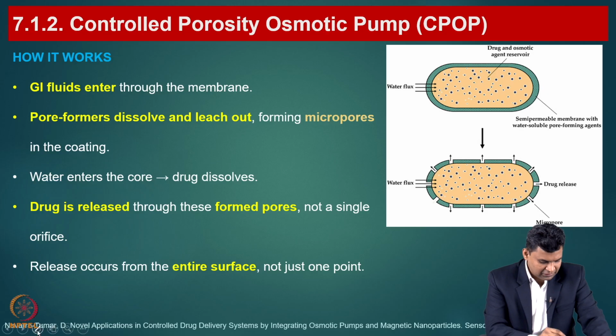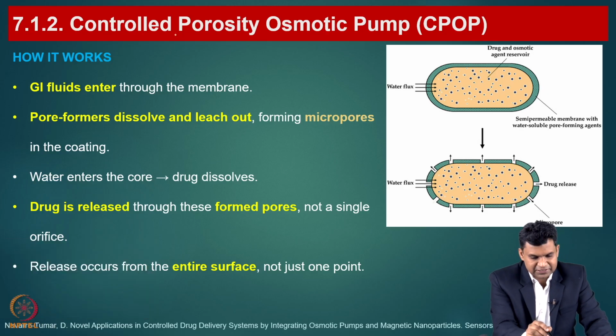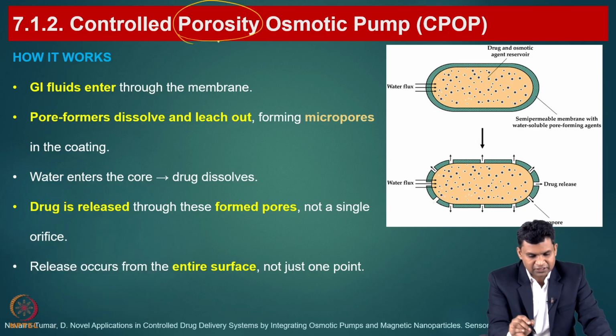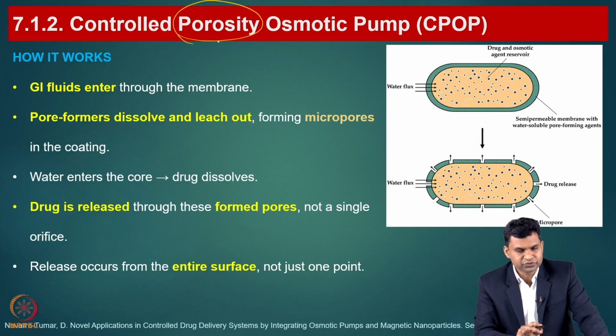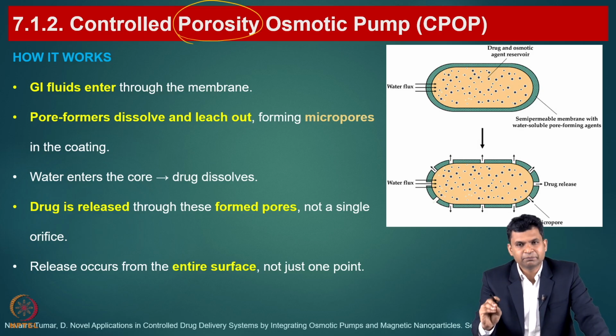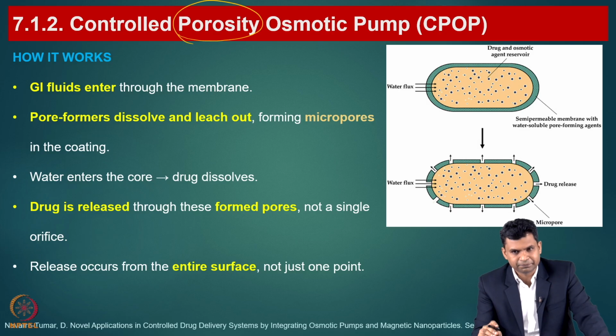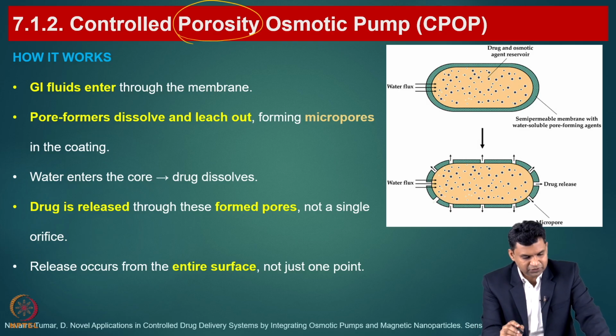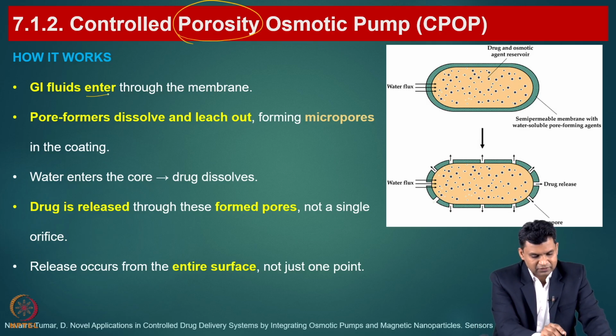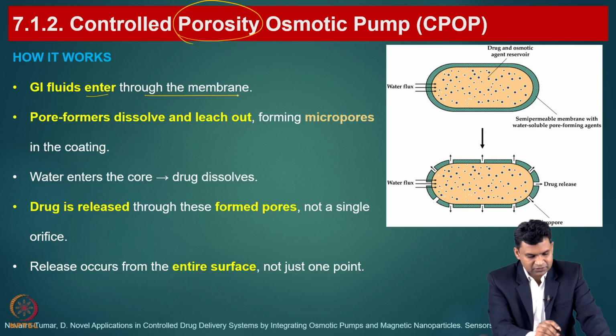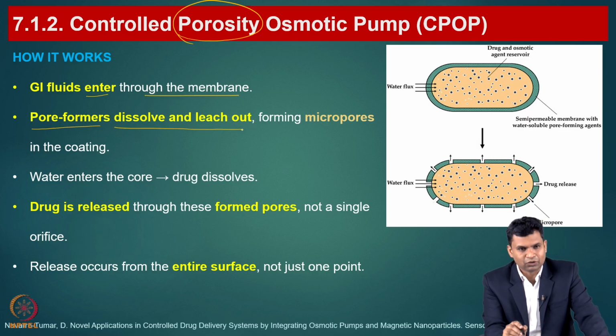Now, the second one is the controlled porosity osmotic pump. The title itself suggests that there is a formation of pores which will help for the controlled release from the osmotic pumps. Now, you can see how it works. GI fluid enters through the membrane, and pore formers dissolve and leach out.